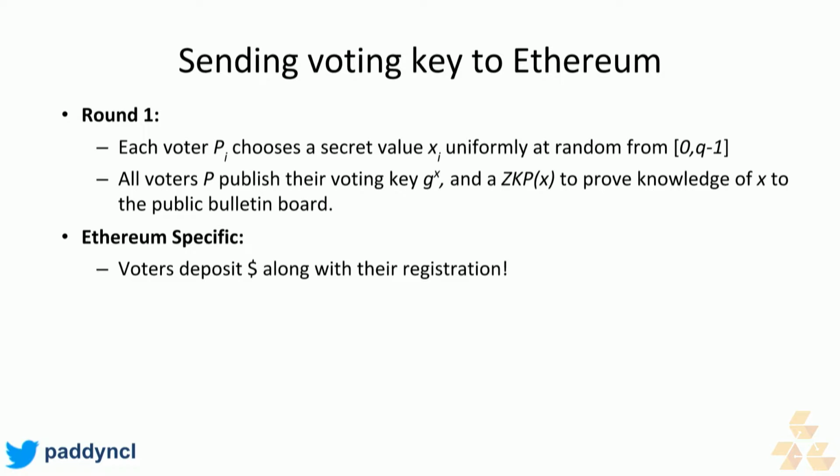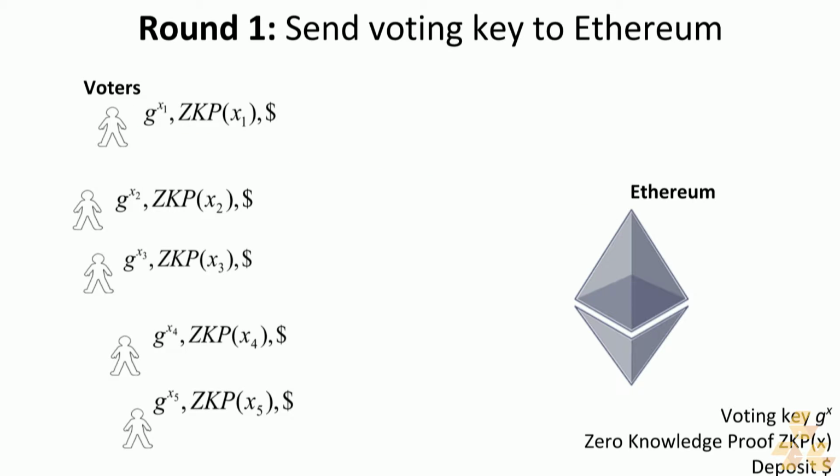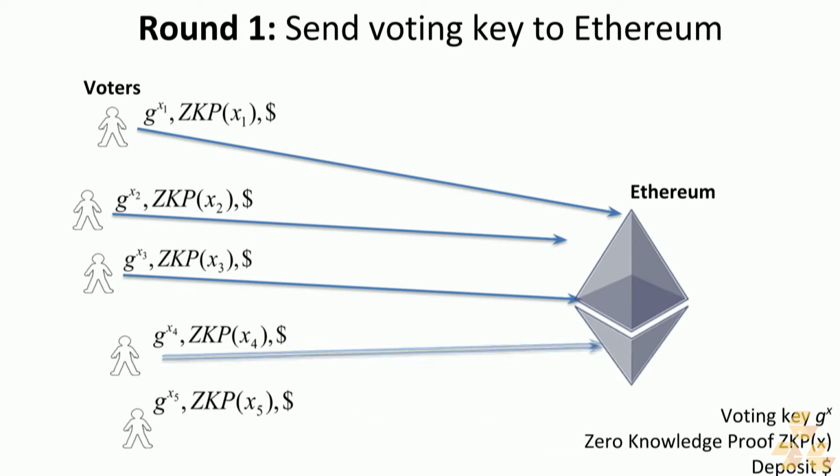So now what I do is I create a transaction. I include the voting key. I include my zero-knowledge proof. And I also include a small deposit as dictated by the smart contract. And then I broadcast that out to the network. And every voter does this. So Ethereum will verify the proof to ensure that the voting key is well-formed, etc., etc.